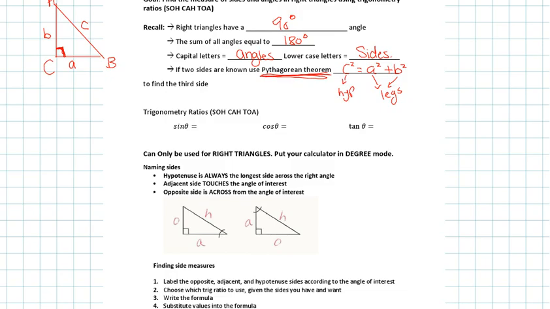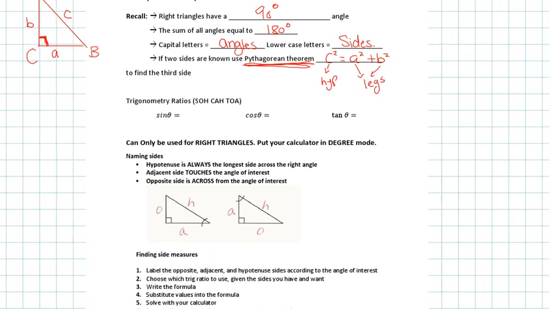So remember that the Pythagorean theorem can only be used if you're looking for the third side. Now, when I have a right angle triangle, I have three ratios that I can use to solve for a side or an angle.